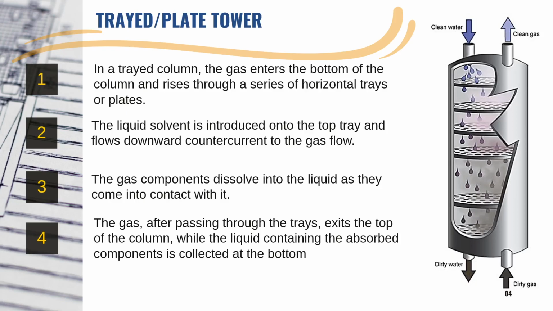The gas passing through the trays exits the top of the column, and this gas is called clean gas because most of the component we wanted to separate from its stream is now absorbed into the liquid stream. The liquid containing the absorbed component is then collected at the bottom of the tower.